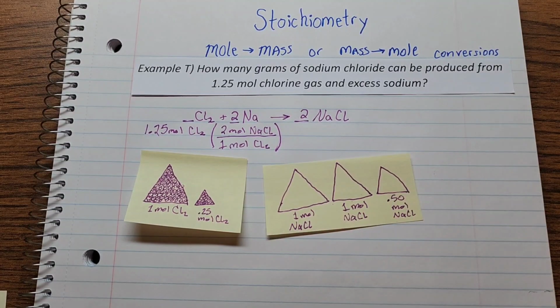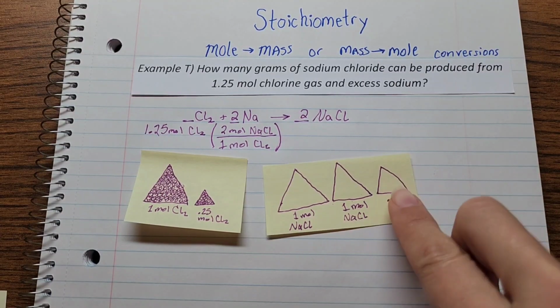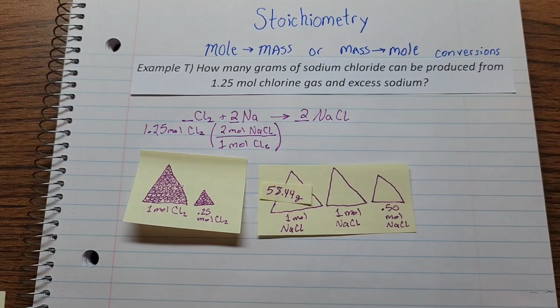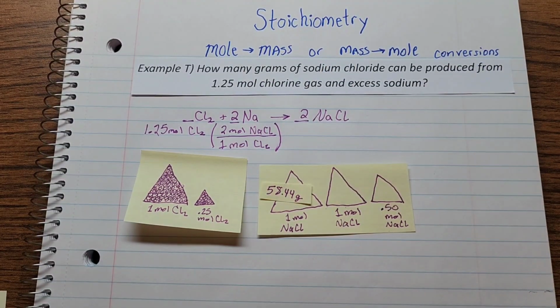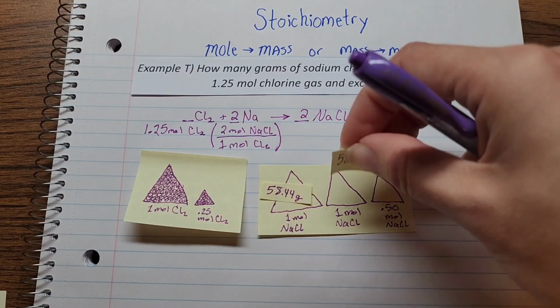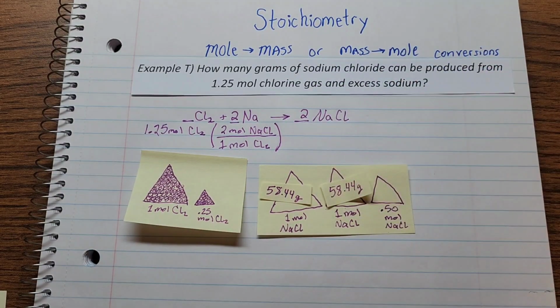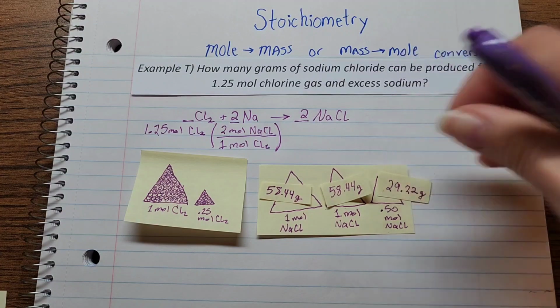Now we know that sodium chloride has a total molar mass of 58.44 grams per mole. So if we have 2.5 moles of sodium chloride, we're going to need 2.5 times its molar mass.